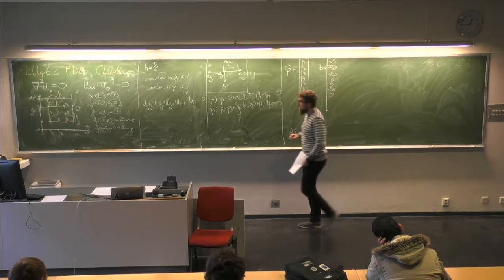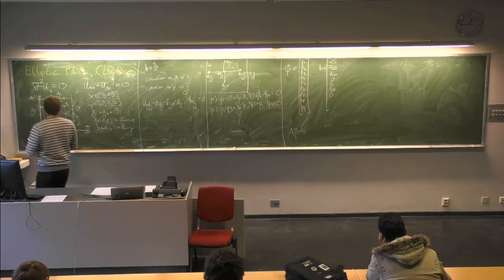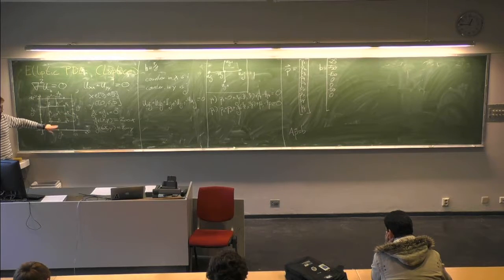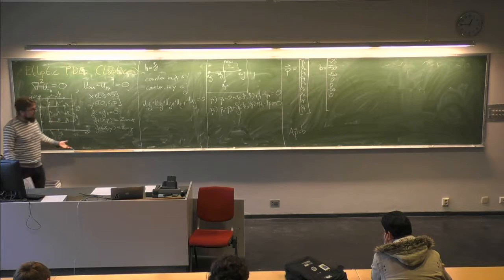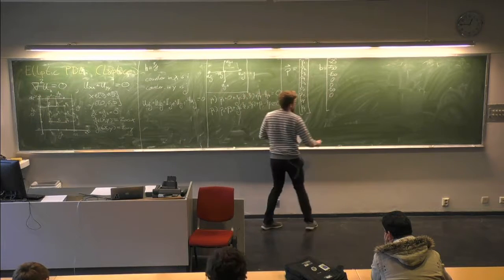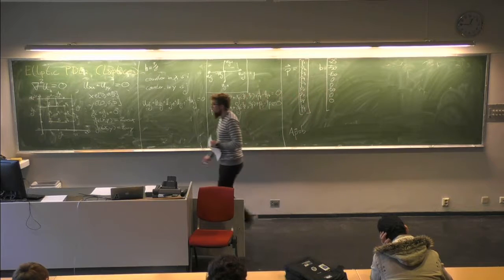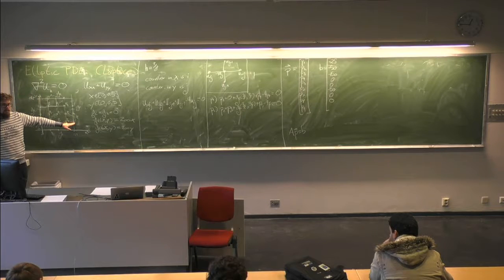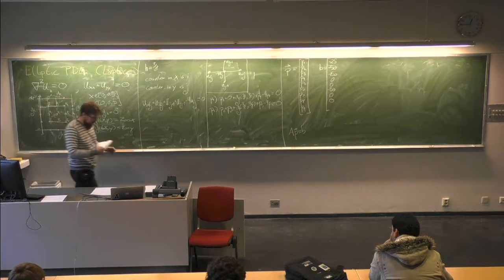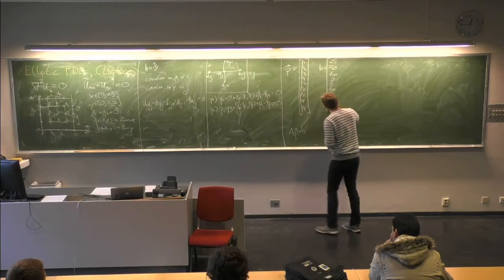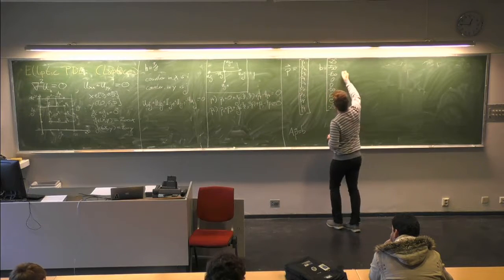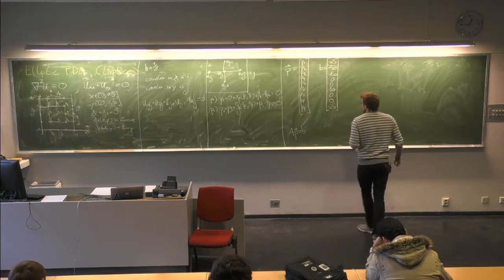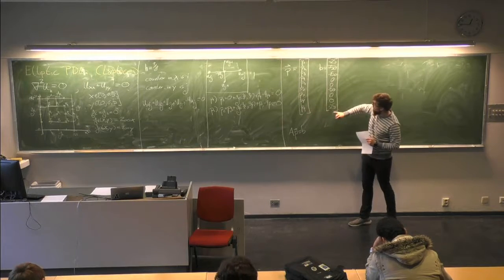For P7 and P8, this is 0, this is 0, so 0 and 0. And for P9, we need to evaluate this boundary: minus 5. Okay, so unknowns, boundary conditions.